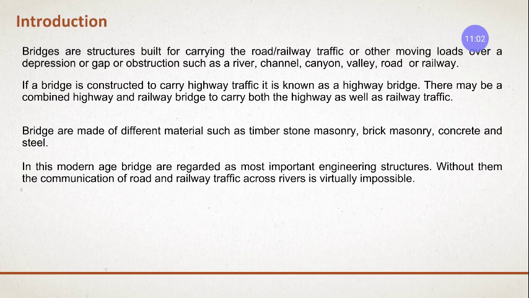We don't want to leave any place which doesn't have connectivity. If there is no connectivity, then the development of that area will not happen. So for that, we want to have connectivity over the different parts of the country, right? So for that, we have to construct bridges to connect them or to overcome the obstruction.